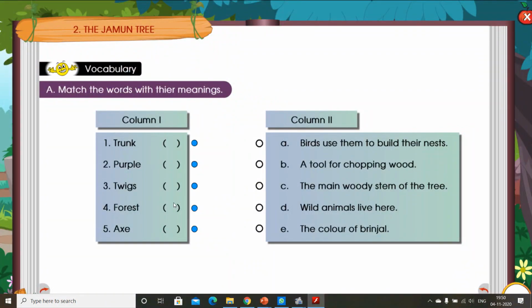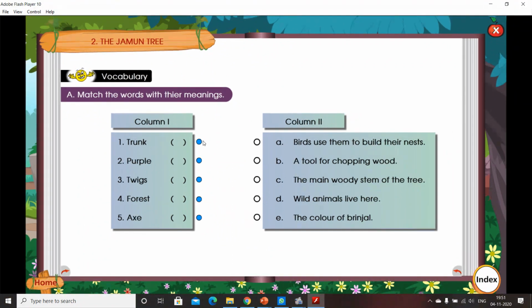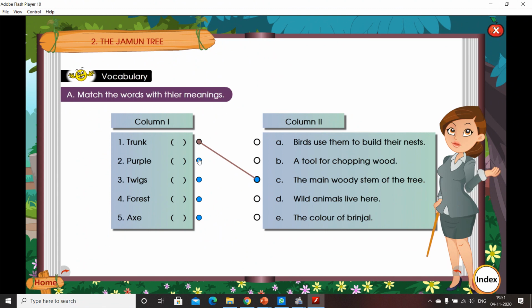Next, match the words with their meanings. These are also meanings you have to match. Trunk means what? The main woody stem of the tree is called the trunk.